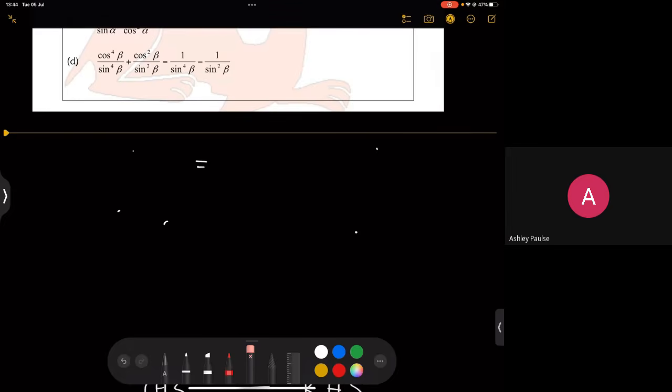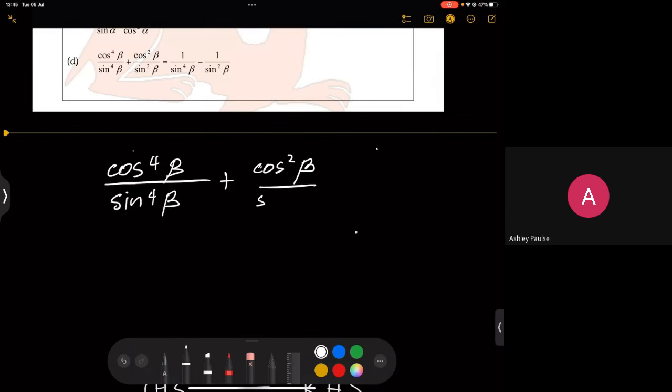So we've got cos power 4 of beta over sine to the power 4 of beta, and cos squared of beta over sine squared of beta.